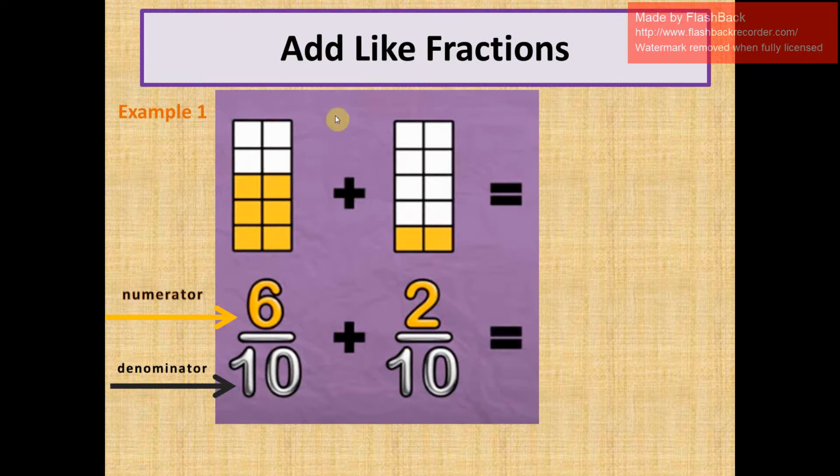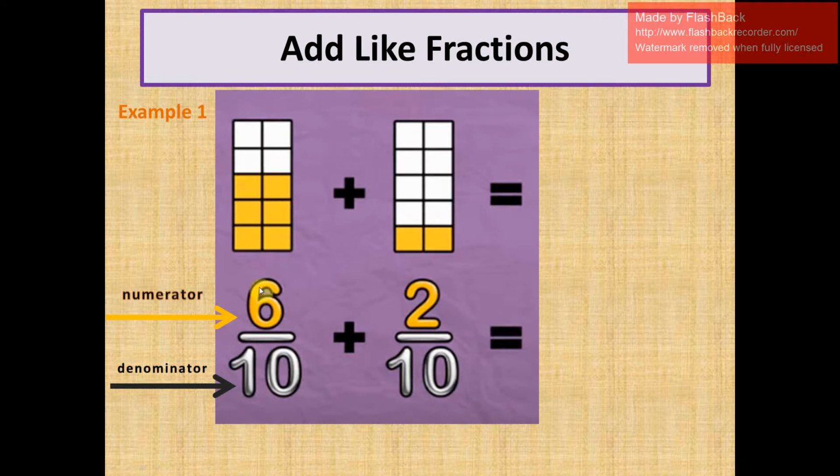You will learn here how to add like fractions. Look at this example and look at this model. Before it was cut, it was one whole, but now it is cut into 10 equal parts and 6 parts are shaded.